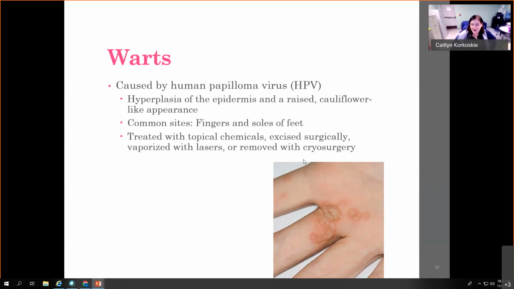Has anyone ever seen cryosurgery, with the liquid nitrogen? It's pretty fun. We do that a lot in the doctor's office, and you guys will be the ones filling the canisters with the liquid nitrogen.